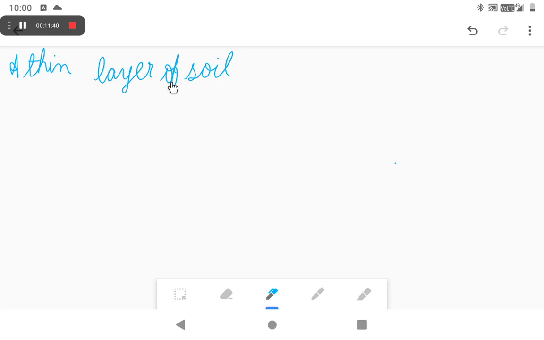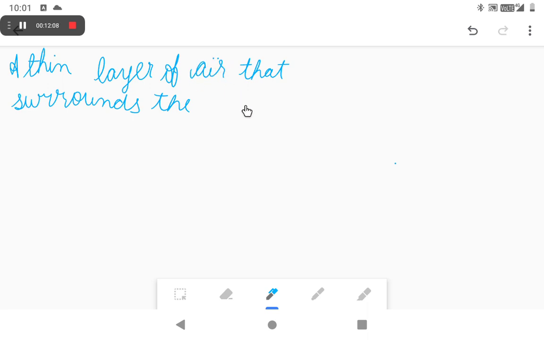Atmosphere is a thin layer of air that surrounds the earth. So atmosphere is a thin layer of air which is surrounded by the earth.